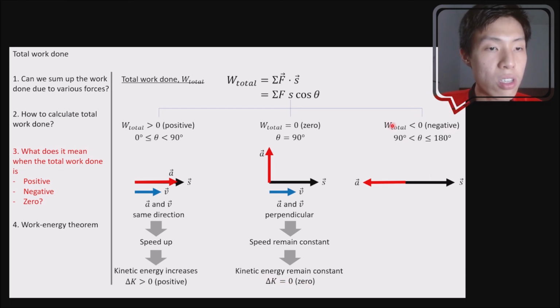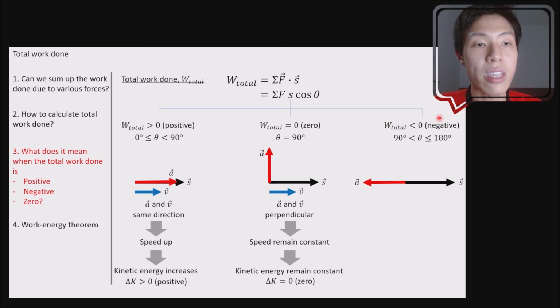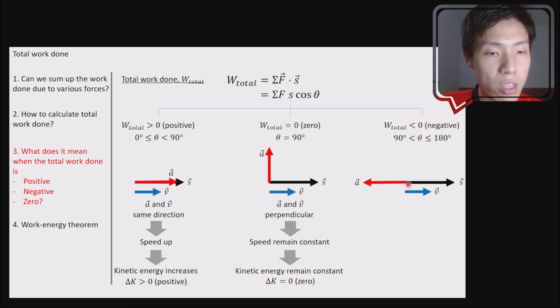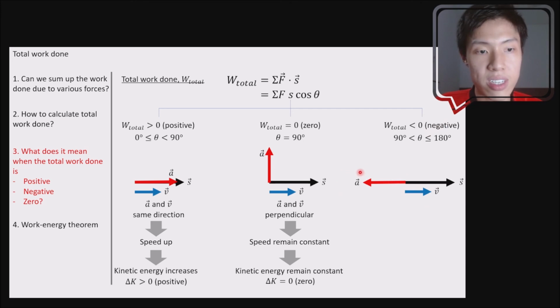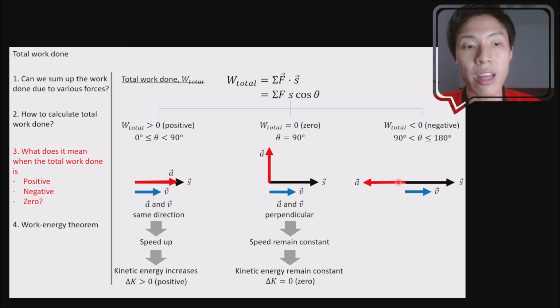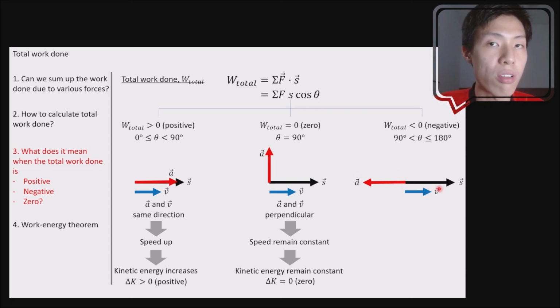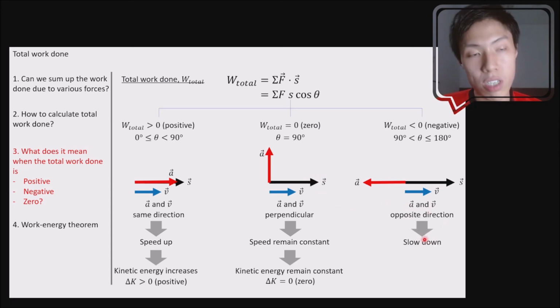Okay. For total work done less than 0, or in other words, negative total work done, you see that your velocity is opposite the direction of acceleration. The velocity should be in the same direction as the direction of motion, so the velocity is pointing to the right. But in this case, the acceleration is pointing to the left because the net force is pointing to the left. So the acceleration and the velocity are pointing in opposite directions, which means the object will slow down.